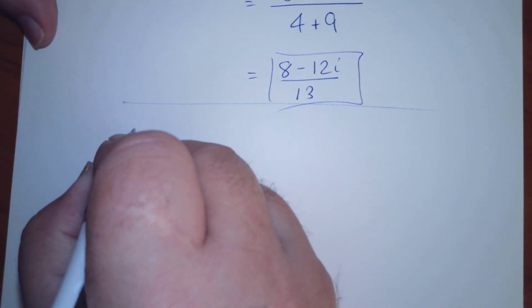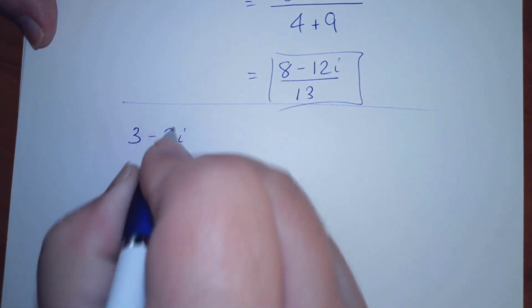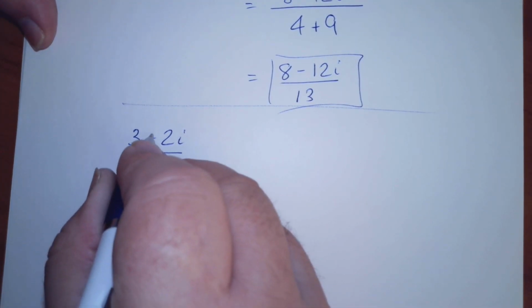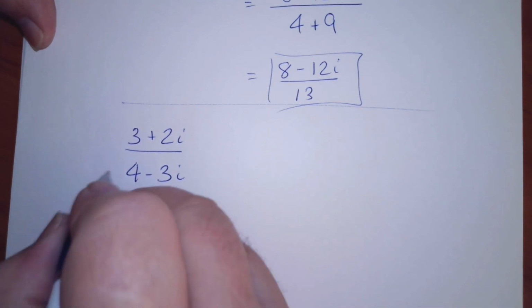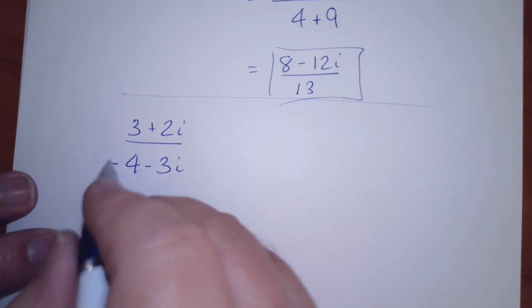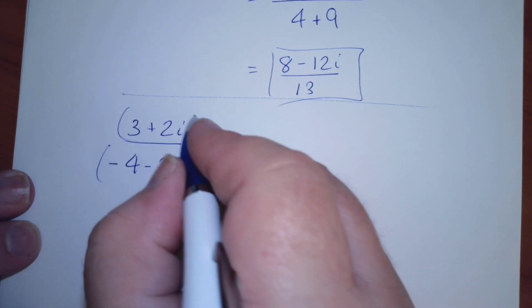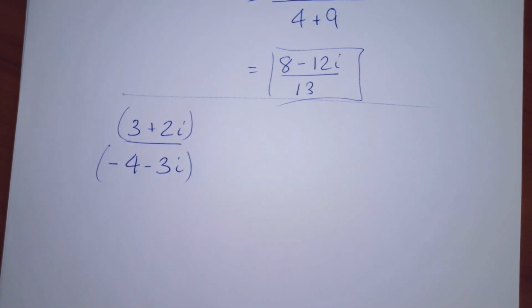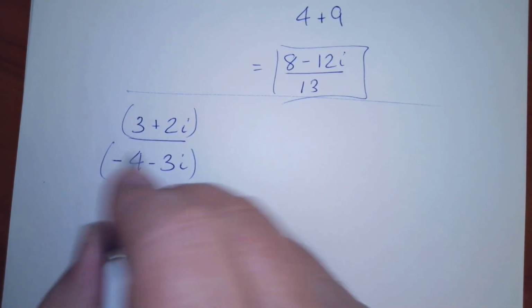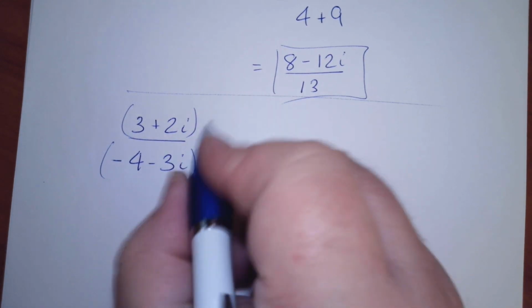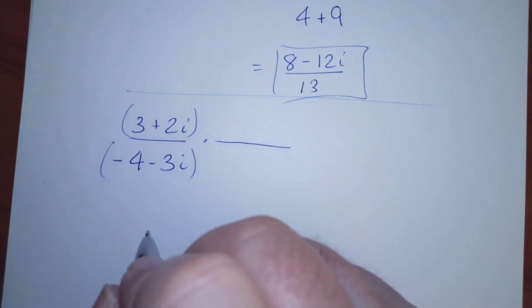Let's look at another one. So on the bottom we'll have this. All right, so let's look at this. We have a complex number on the bottom, so we have to multiply top and bottom by the conjugate.